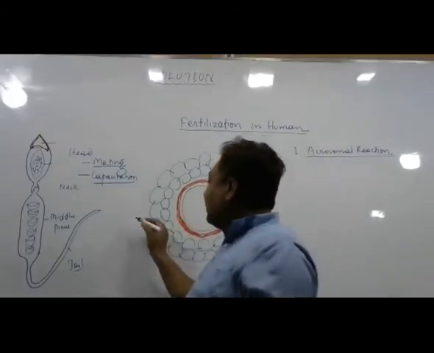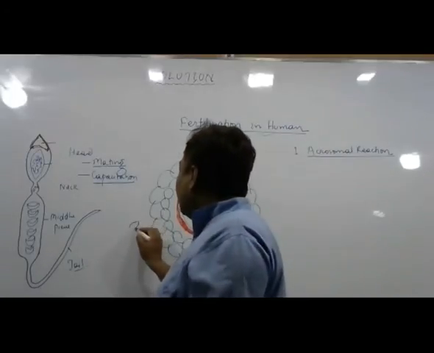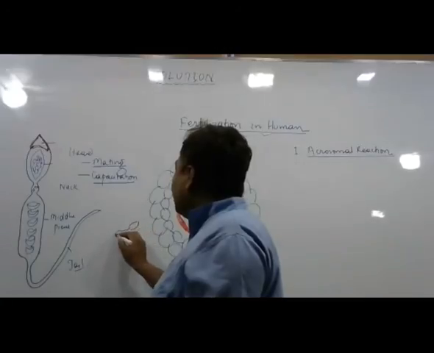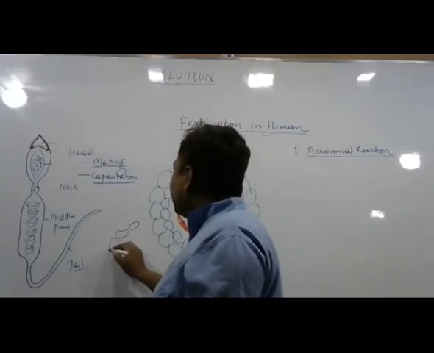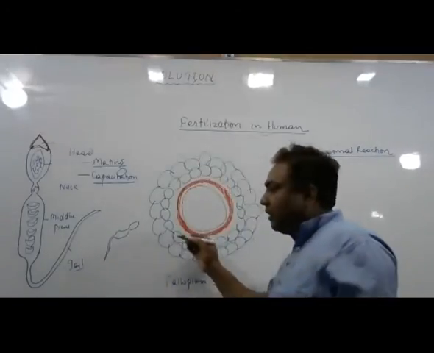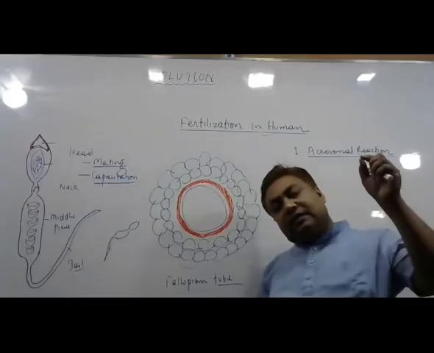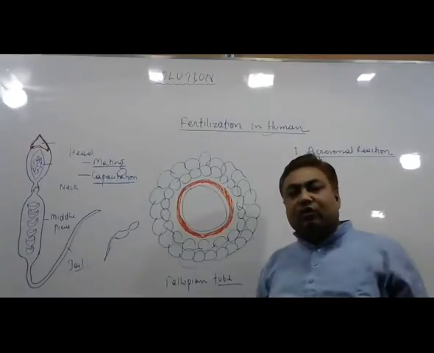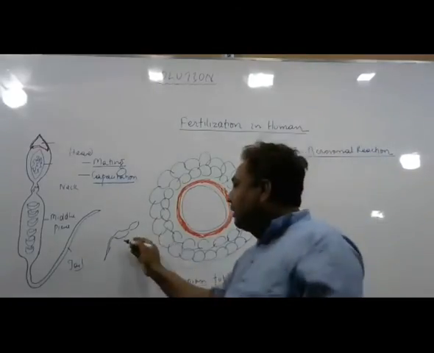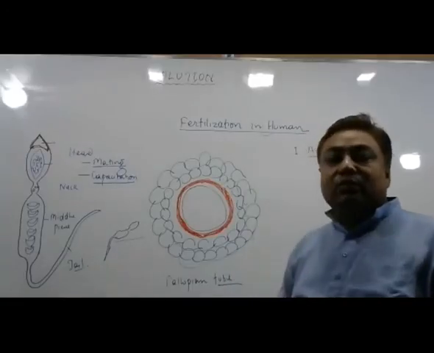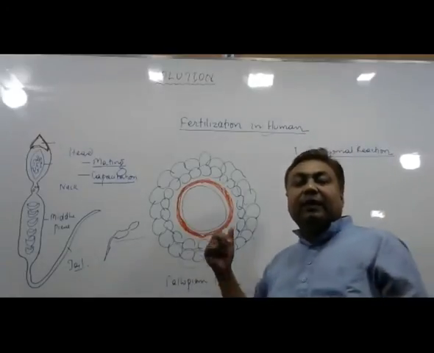The sperm is very, very small in comparison to the secondary oocyte. I think it is 100 times smaller. The male gamete is 100 times smaller than the female gamete.